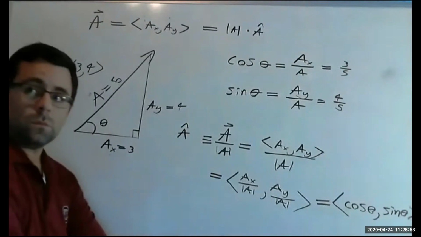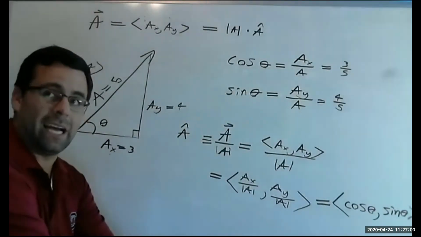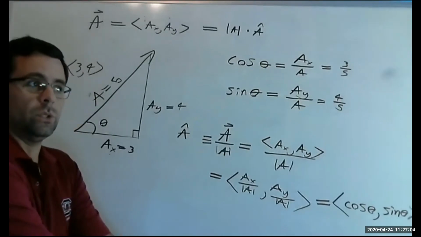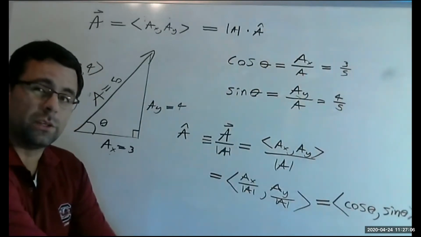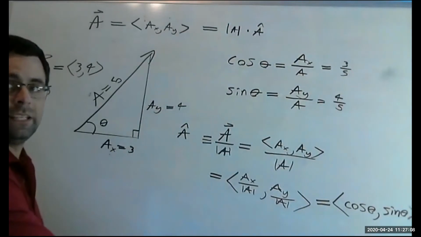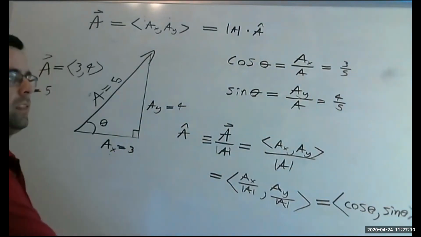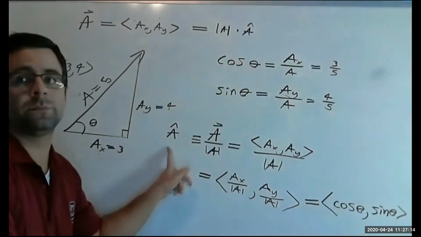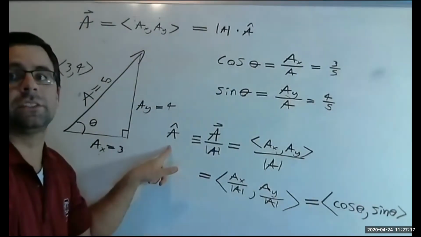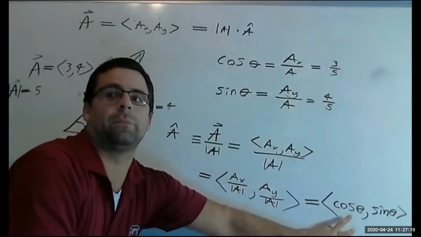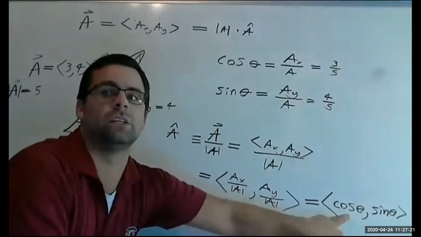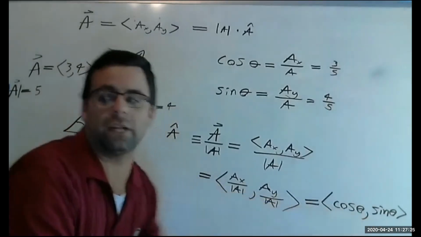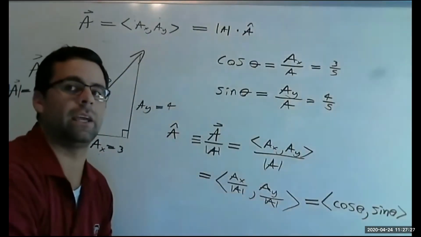So this is how theta gets used to actually tell you the direction. And it's in this setup of the unit vector, where the x component is cosine of the angle, and the y component is the sine of the angle.